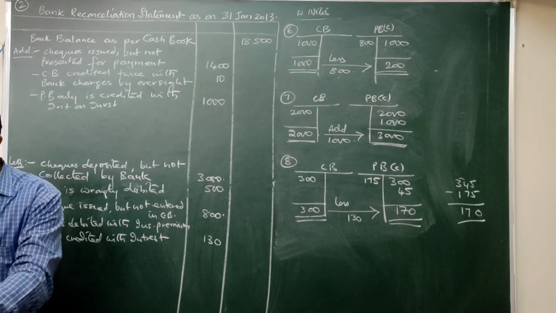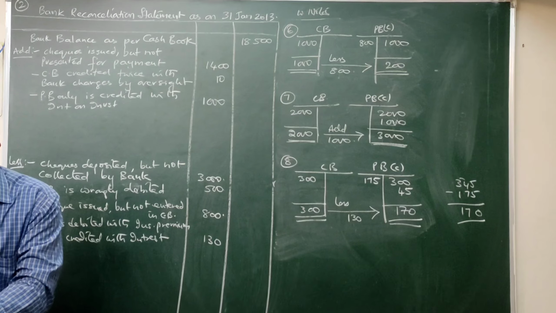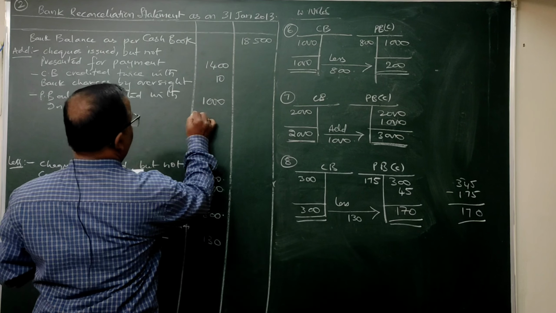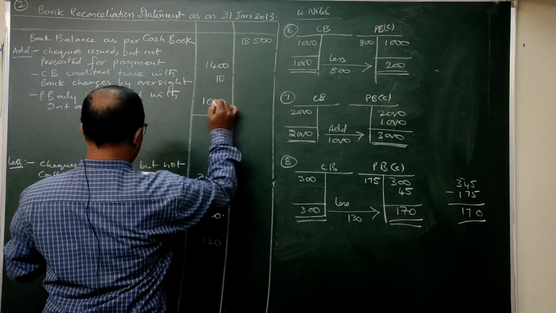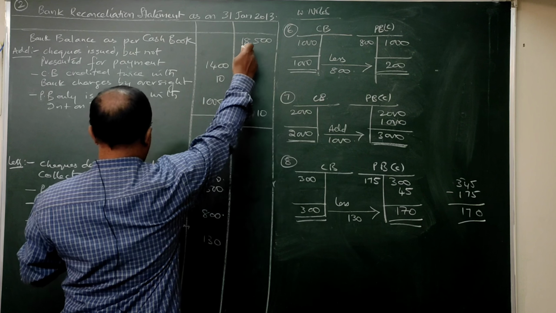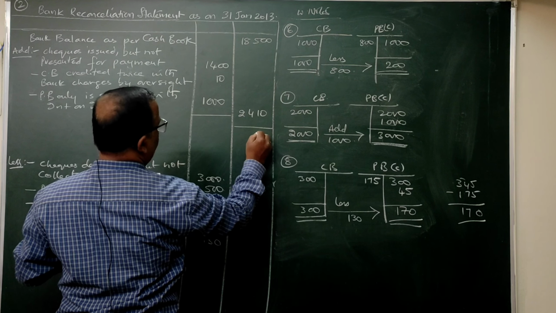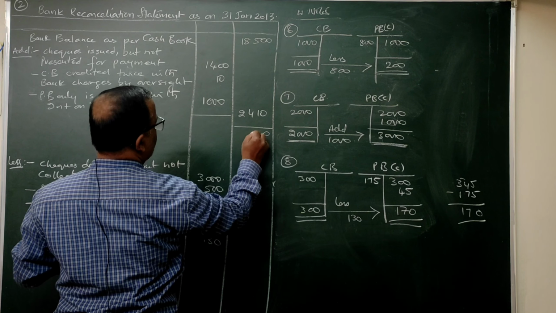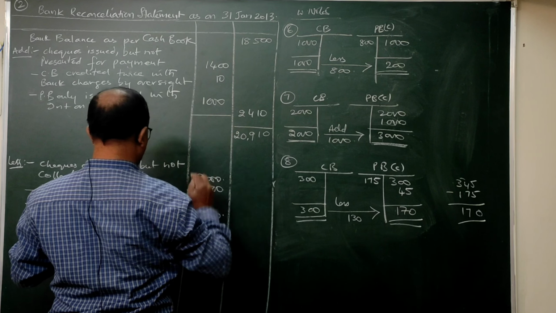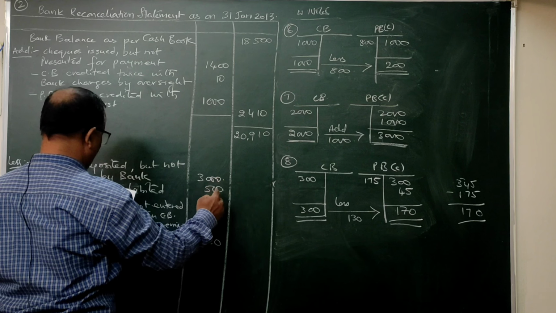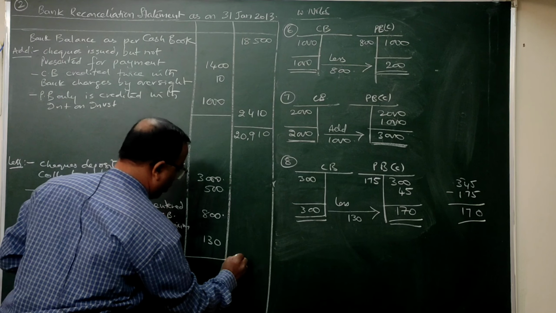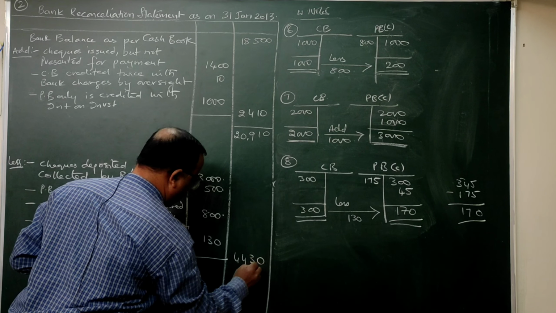Now what should we do here? We simply add up these three: 1400 plus 10 plus 1000, it will be 2410. If you add these two again, it will be 9,010. Now if you total these four, it amounts to 4,430.